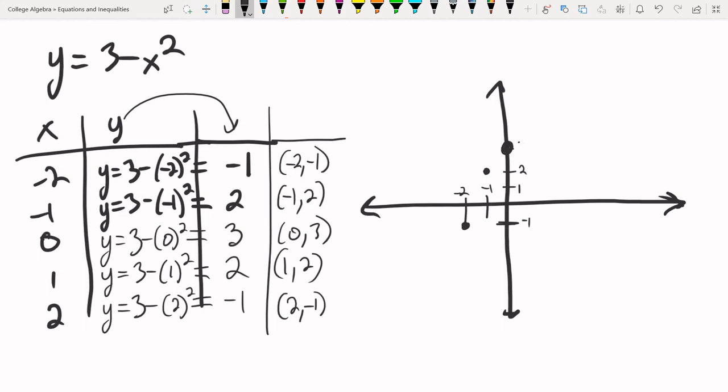That puts us right there. (1, 2) means you go right 1 unit, up to 2. And then (2, -1). Go right to 2, and then down to -1. And we put a smooth curve between these. So we go up, and we hit a peak, and we go back down.